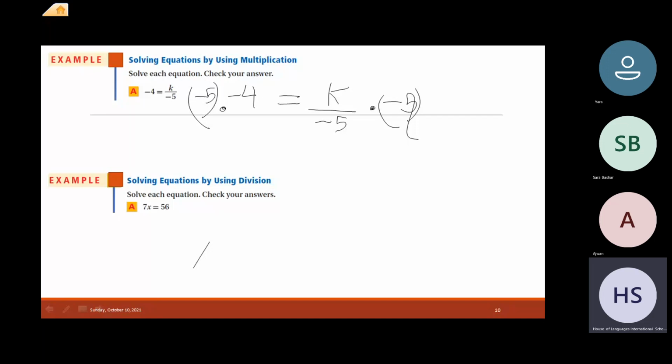My variable is K. So I'm going to work on the side where my variable is. Negative 5 and negative 5 cancel each other, so I have K only, equals negative 5 times negative 4, positive 20. Is it right? Yes. So what's the value of K now? 20.